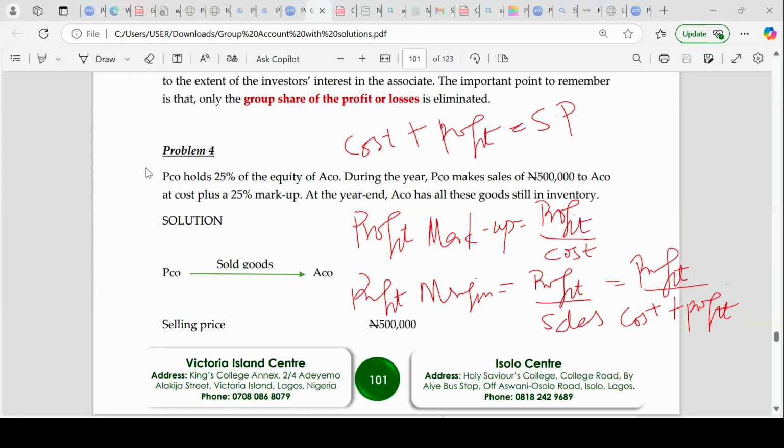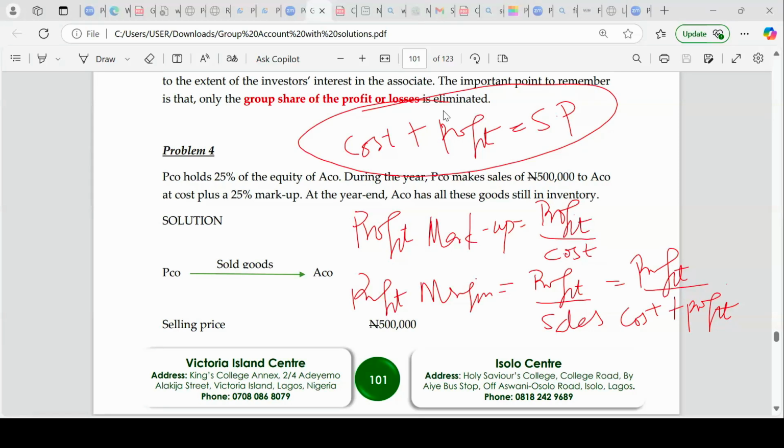So margin is sales. If they say profit margin, they are referring to profit all over sales. Remember I told you that your selling price or sales is the addition of cost and profit. Therefore, profit margin is always profit all over cost plus profit. Is this clear now?